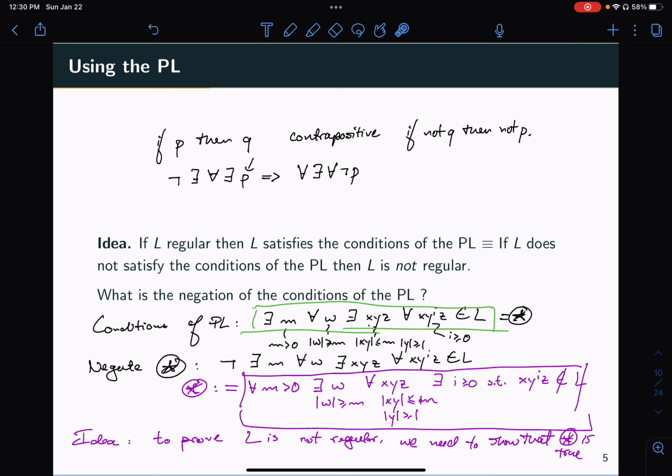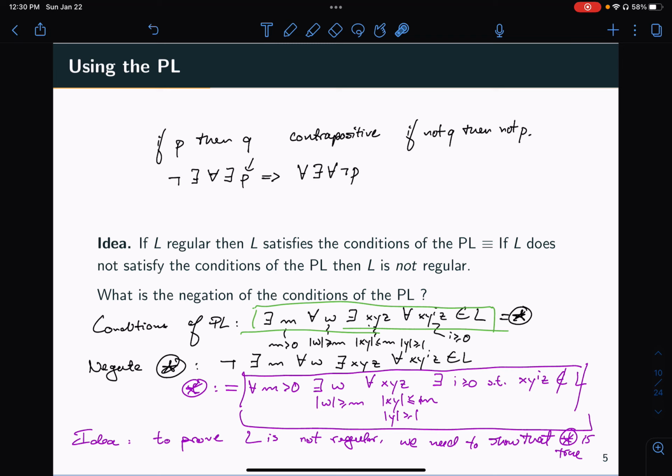Your move has to be picking a particular string with length greater or equal to m. You don't know what m is, so you have to base your string off this arbitrary m that your opponent picked. You create a particular string and you have to think ahead of time. You have to do some sort of counterfactual reasoning where you say, okay, my string has to be bulletproof, right?